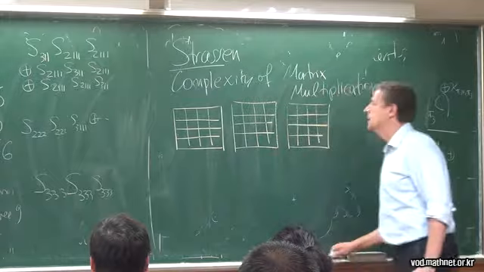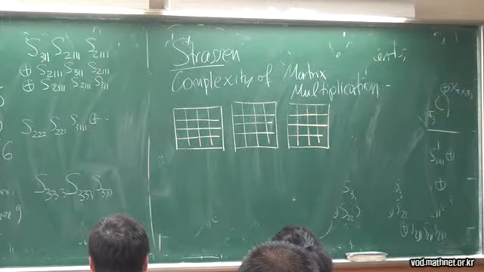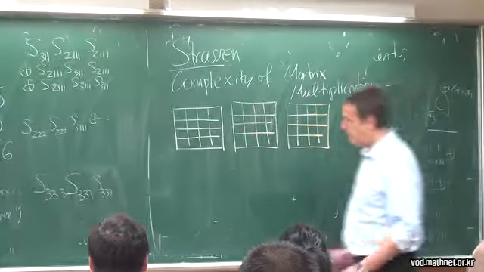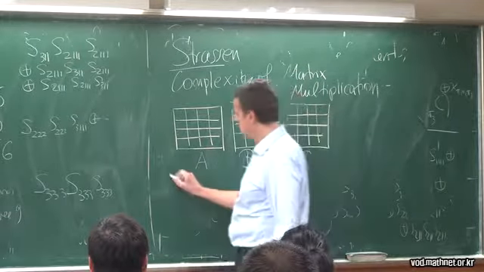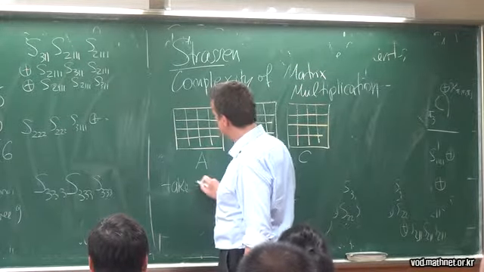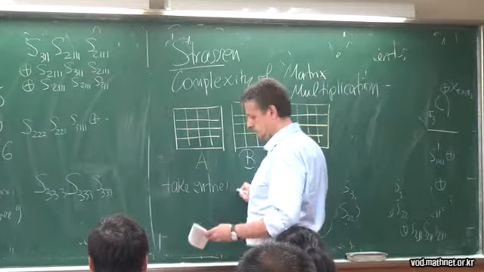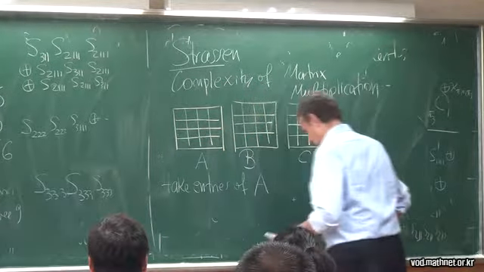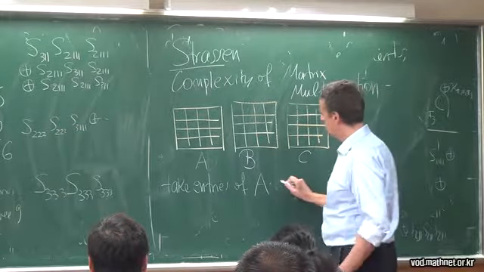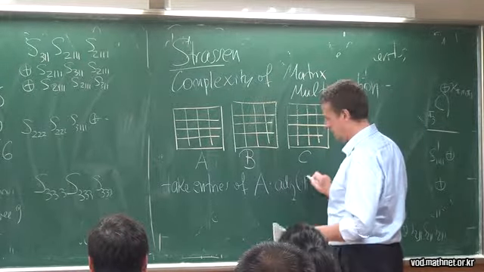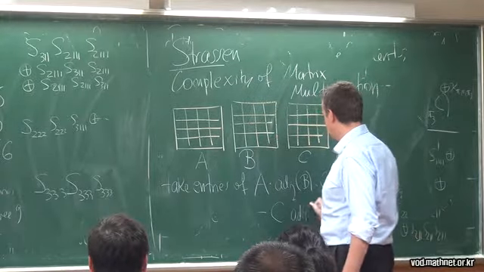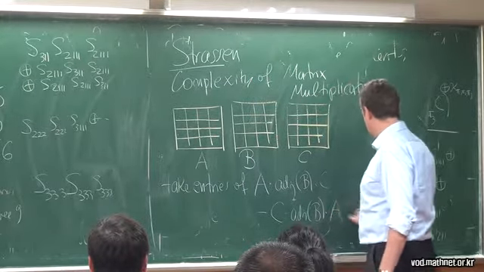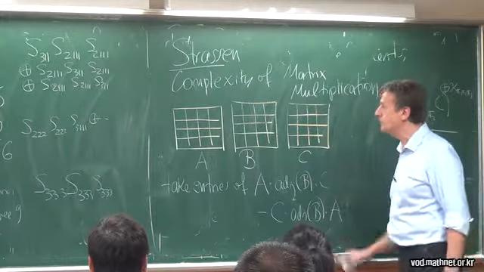Okay, so you have your 4 by 4 by 4 Rubik's cube, and you take 3 of the 4 slices in some dimension. You call them A, B, and C, and then you take the entries of A times the adjoint of B times C minus C times the adjoint of B times A, and this gives you polynomials of degree 5.